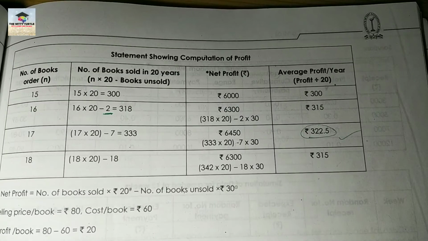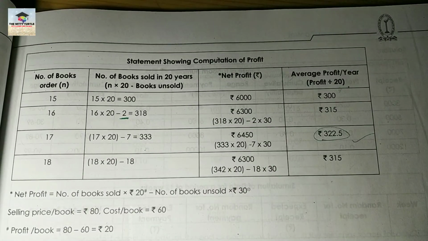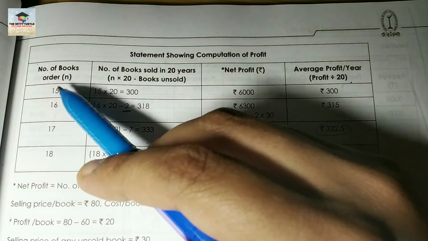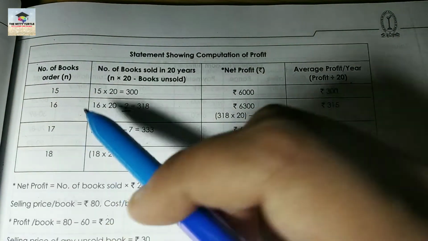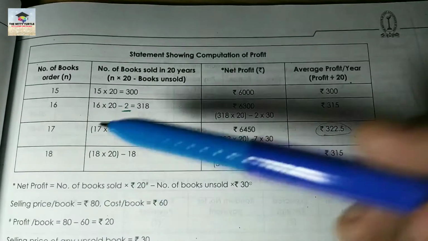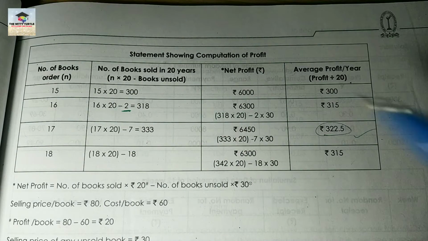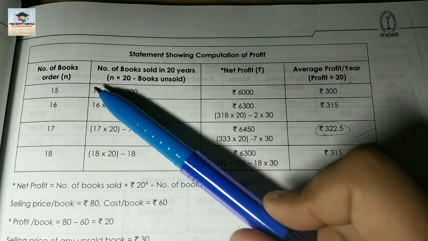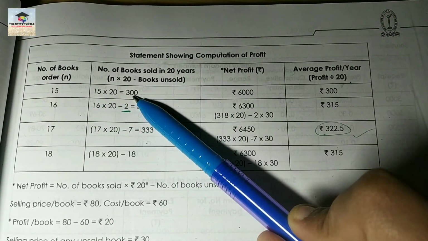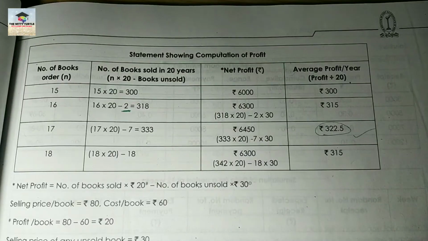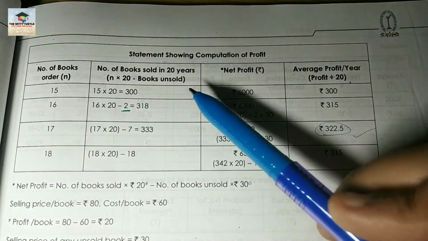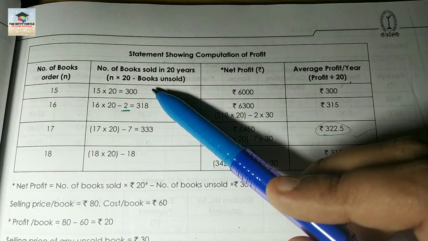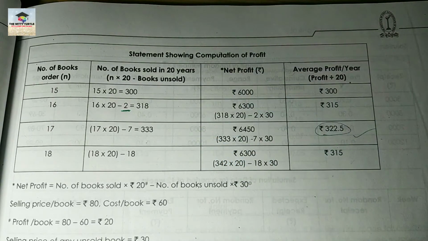Now we need to calculate the profit. So the number of books ordered, and how much is the demand? 15, 16, 17, 18, we are assuming this. The number of books sold in 20 years will be how many? 15 into 20, that will be 300. Here there are no books unsold, because where the demand is 15, there are no books unsold.